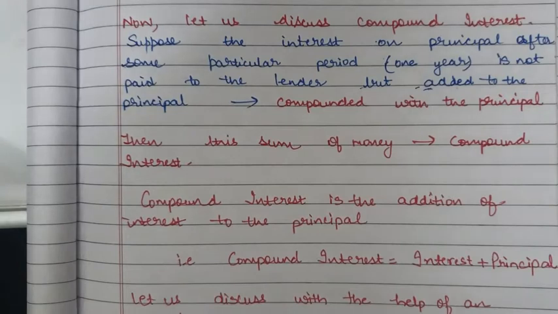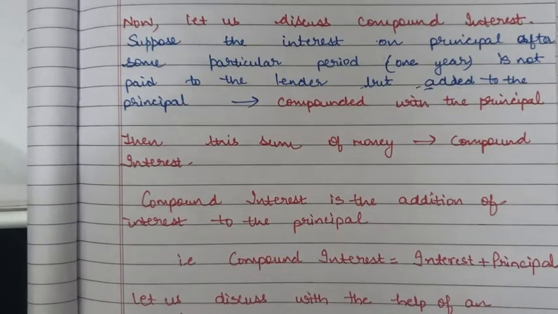There is a difference between the simple interest and the compound interest. In simple interest, suppose the principal, a certain time and a certain rate of interest are given to you, and with the help of these three things you can find the interest as a whole after 2 years.